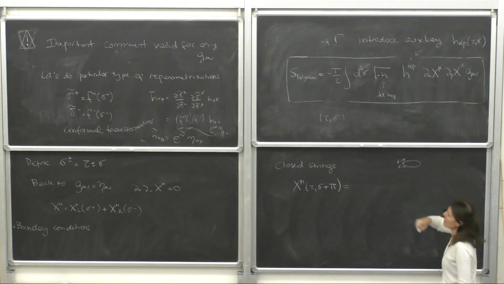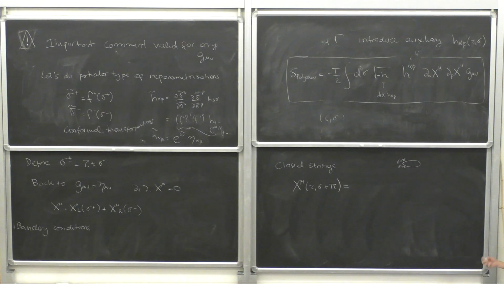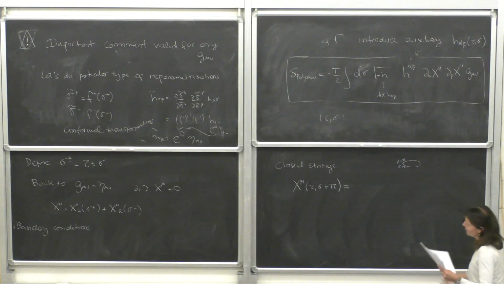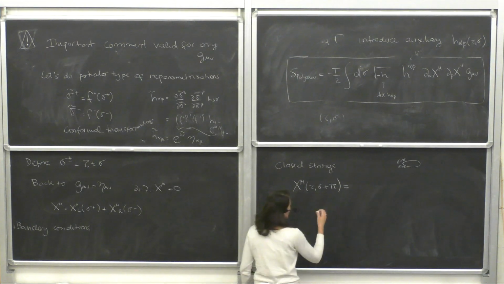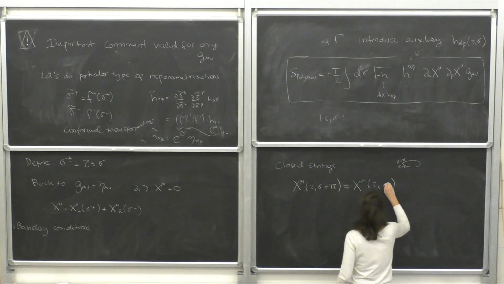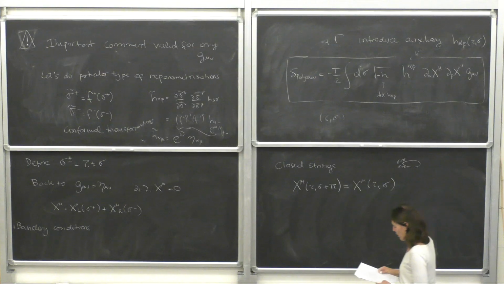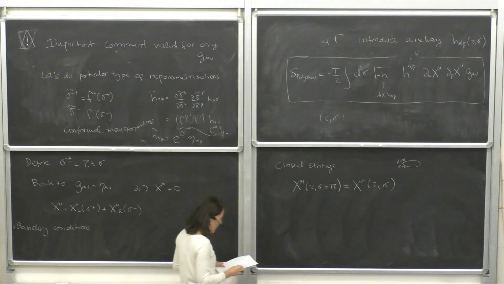You take a parameterization in which sigma goes from 0 to pi, and they use the same for the open and for the closed string. I think it's much better to do sigma plus 2 pi, but then it's a nightmare of conventions. If I like this book, then better follow that book. I didn't write the boundary conditions, but of course you guessed it. These are the boundary conditions for the closed string: 0 and pi are the same point, so the embedding coordinate should be the same.